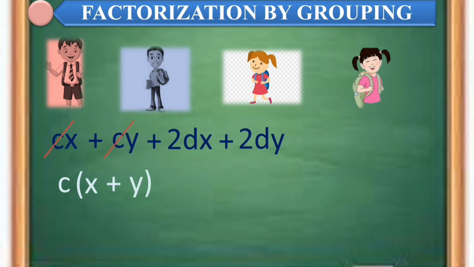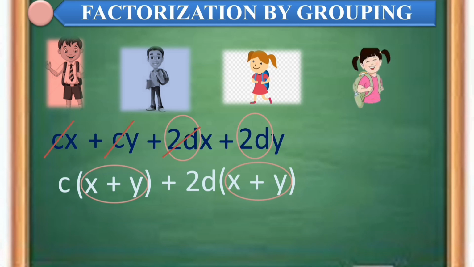Also, in the third term and in the fourth term, we find out what's common. 2d is common between both terms. So we'll bring out 2d, and then 2d into 2dx will be x. 2d into 2dy will be y.